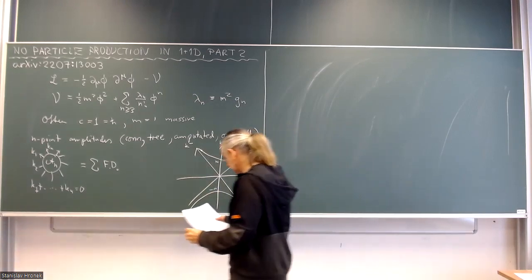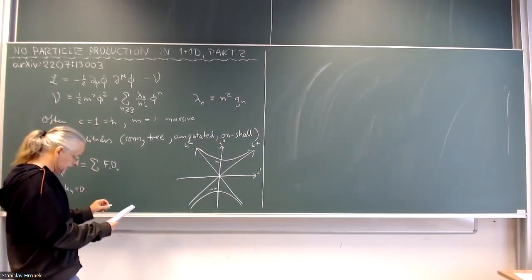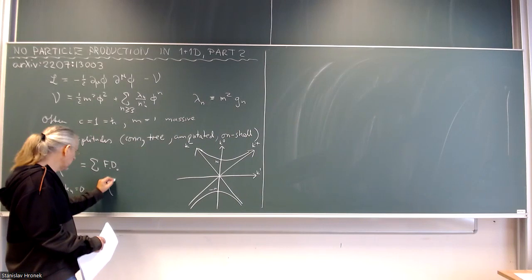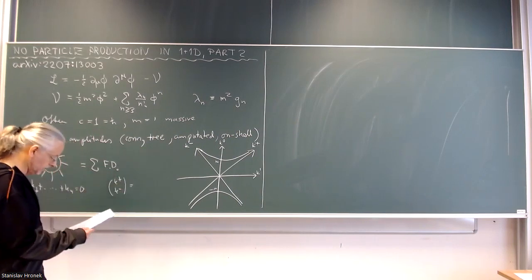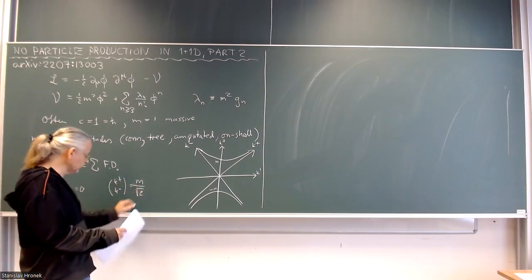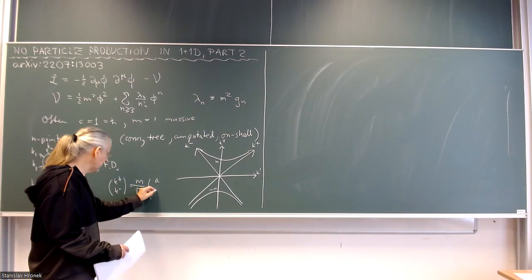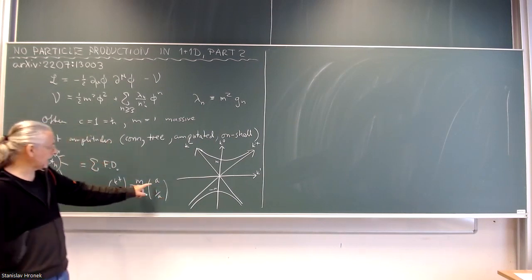In light cone coordinates, we got that k plus and k minus were given by some square root of 2 a and 1 over a, where a was a free parameter.